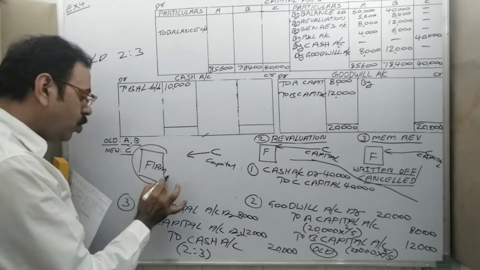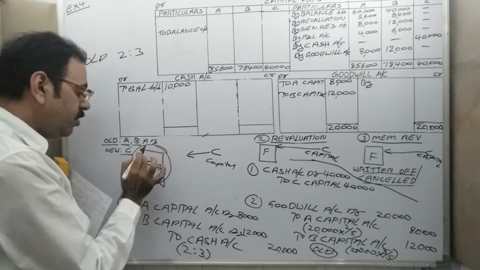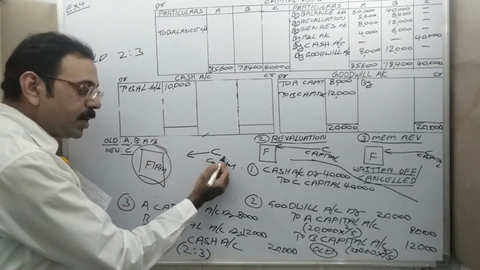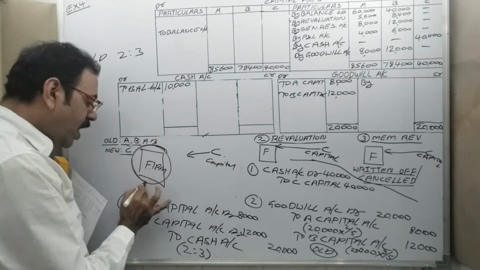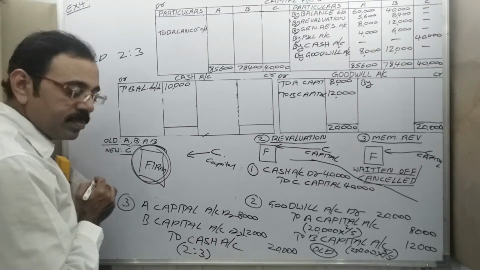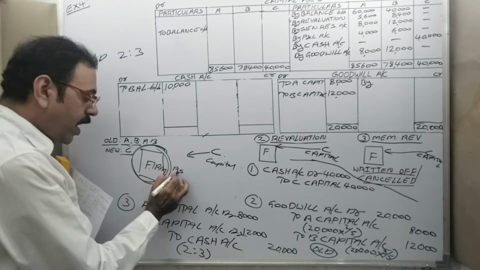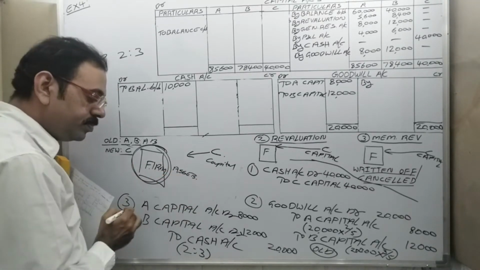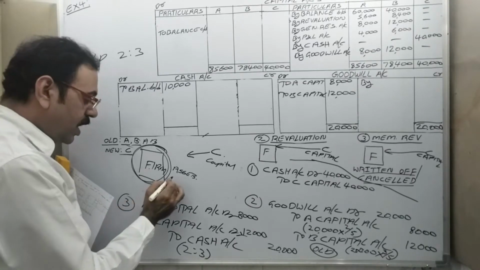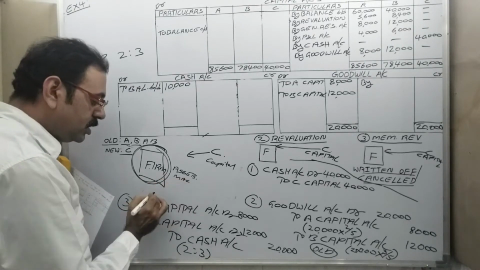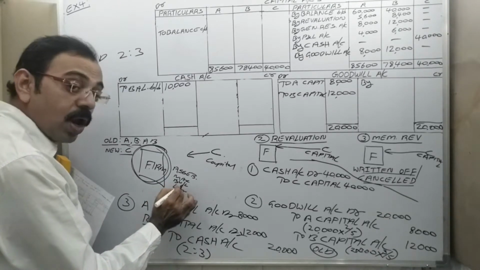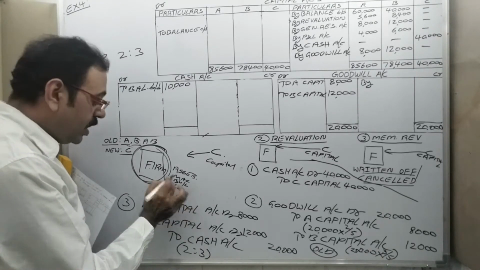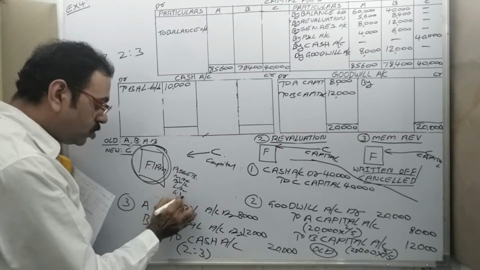Based on the value of the A, B firm, the new partner should bring capital into the business. How to evaluate the business? Based on the assets value. Okay? They have some machines, they have building, land, along with that they have goodwill also.